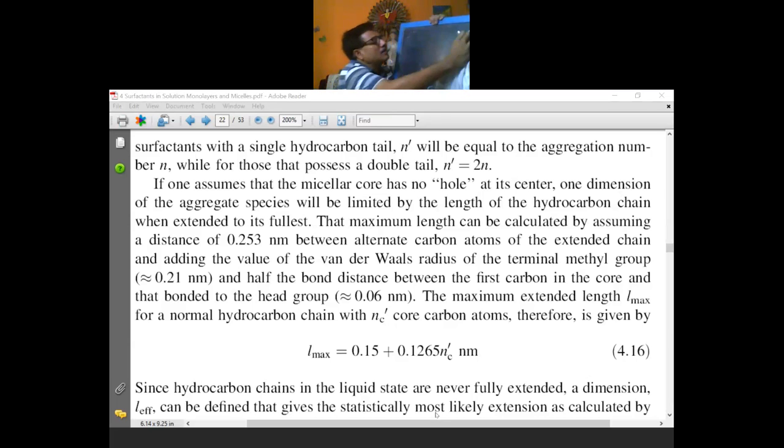What would that length be? That can be calculated. So L max, in the maximum extended state, would be equal to 0.15 plus 0.1265 into NC prime.